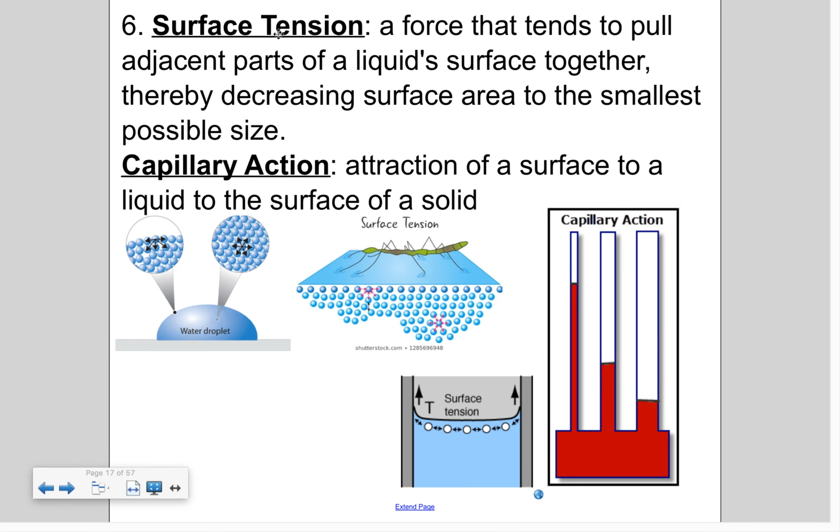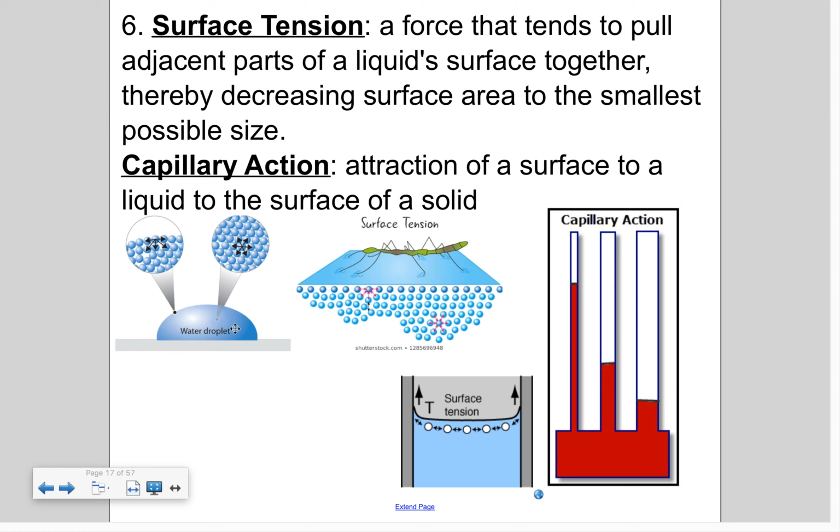Another unique property with liquids is called surface tension, a force that tends to pull adjacent parts of a liquid surface together, thereby decreasing the surface area to the smallest possible size. So they're pulling on each other, and you get a nice little water droplet.